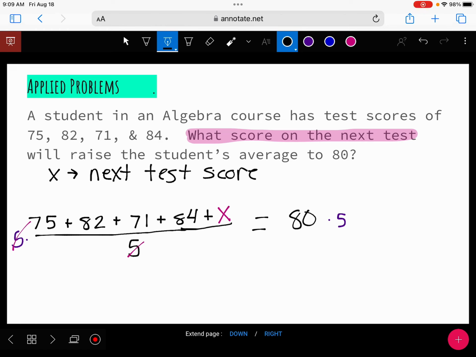All right, it is 312. So work it through however you need to. As long as you get up to 312 plus x, that's my numerator, equals 80 times 5, which is 400.